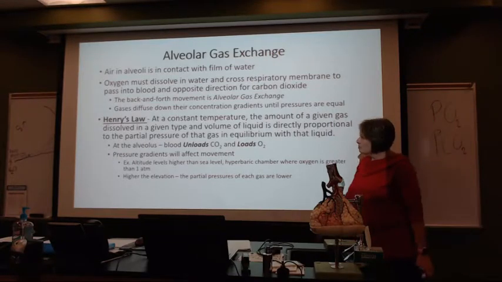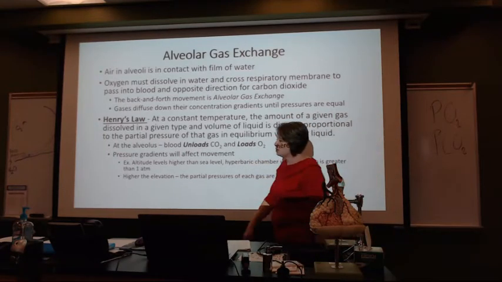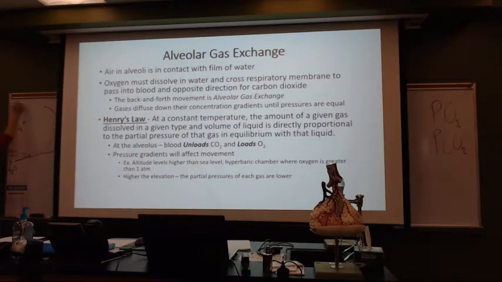So, at a constant temperature, i.e. 98.6, at a constant temperature, the amount of a given gas dissolved in a given type and volume of liquid is proportional to the partial pressures.